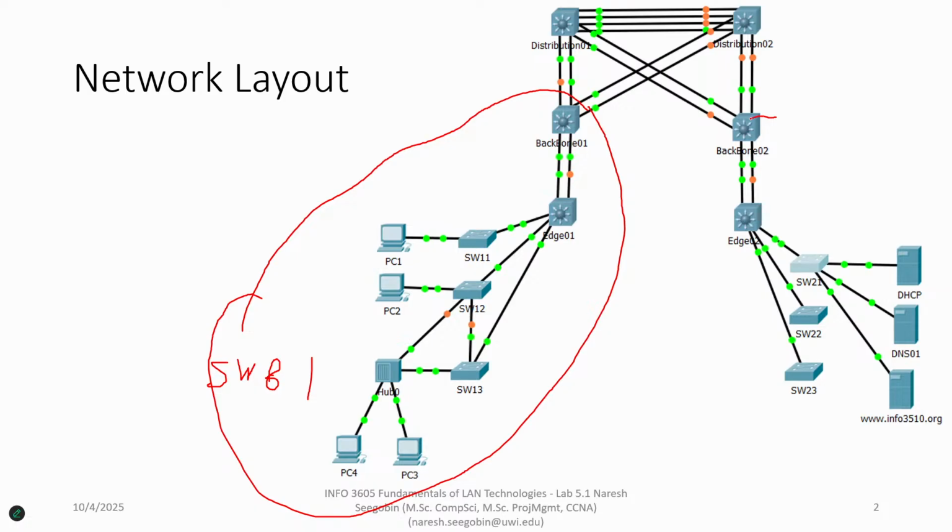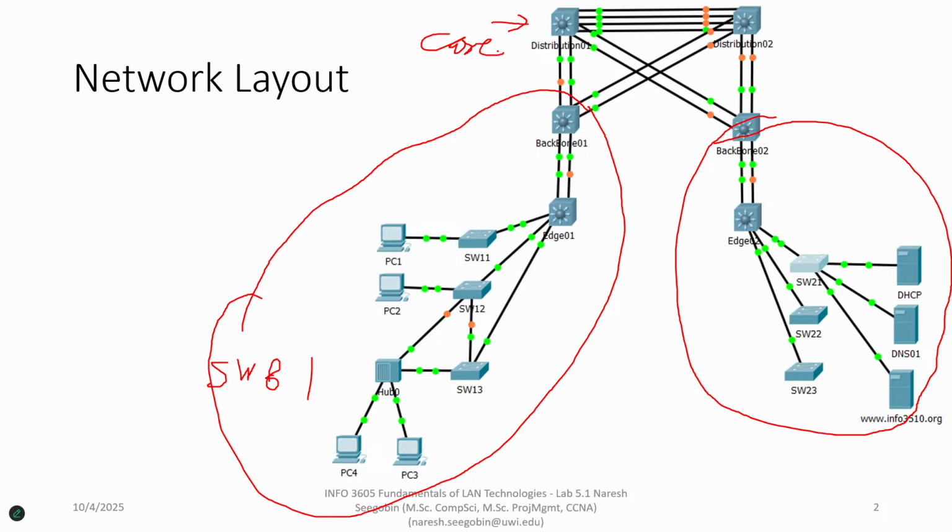There's another switching block here. What's happening is that the distribution on top is really going to change the core, and another backbone will change the distribution.